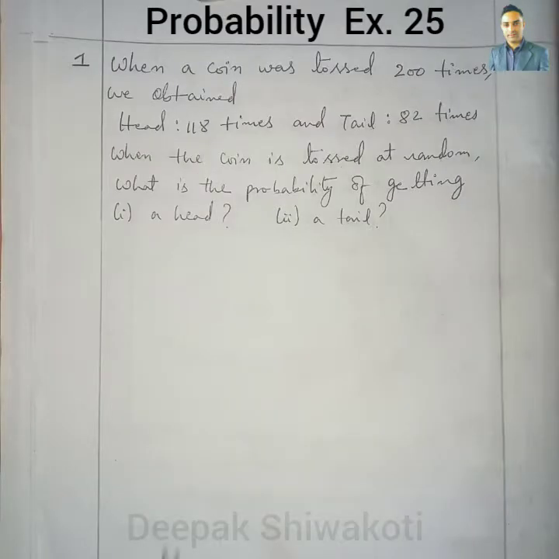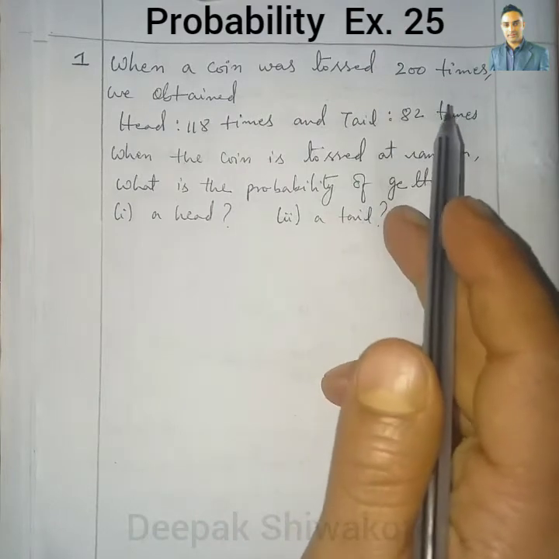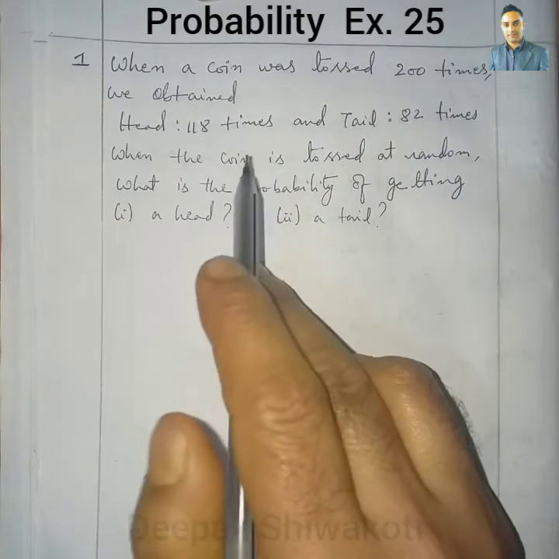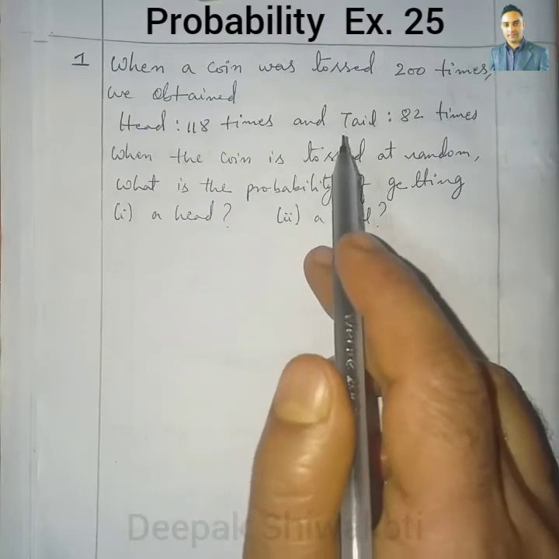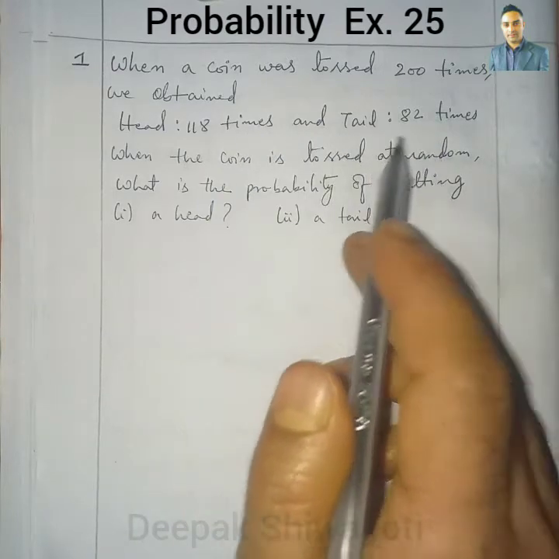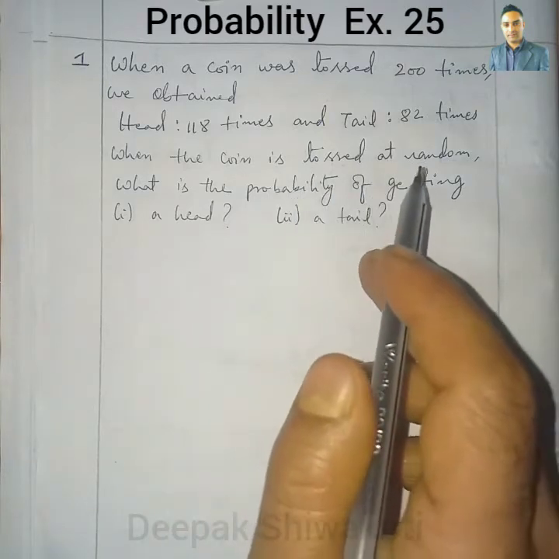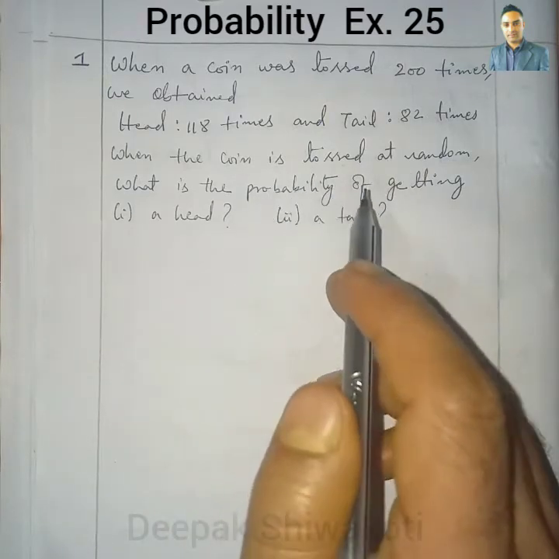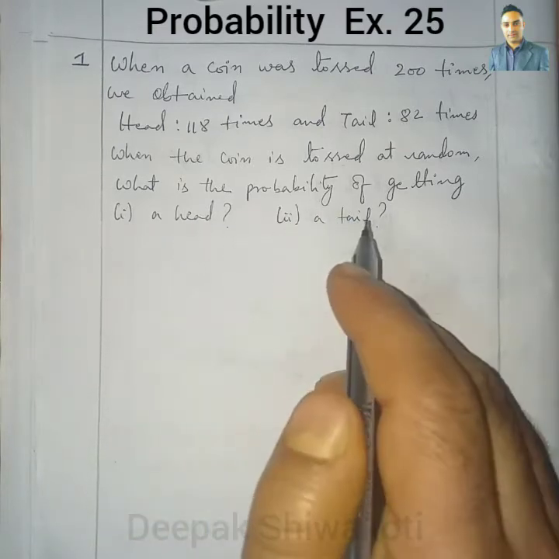Question number 1. When a coin was tossed 200 times, we obtained head 118 times and tail 82 times. When the coin is tossed at random, what is the probability of getting a head and a tail, okay?